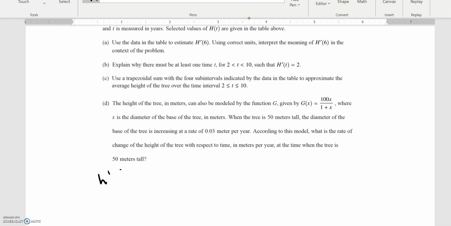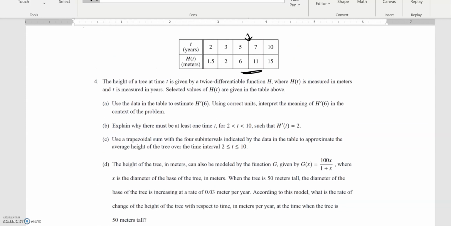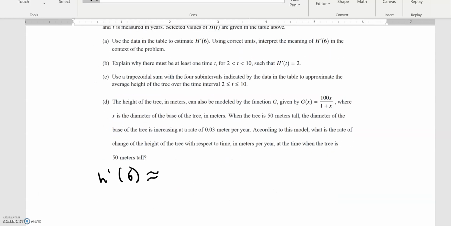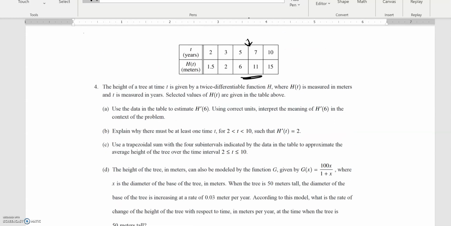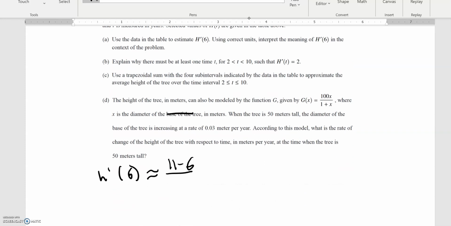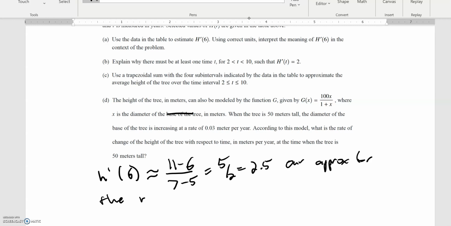So h prime of 6 is approximately equal to, or can be estimated by, y2 minus y1, 11 minus 6, over x2 minus x1, over 7 minus 5, which is 5 over 2, which is 2.5. And what that's saying is our approximation for the rate the tree is growing.